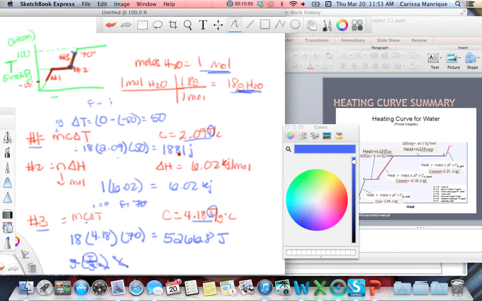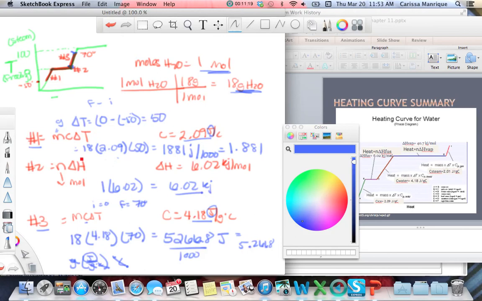Now look what we have here. We have this in joules with this in kilojoules. Our final answer, it wants us to be in kilojoules, so let's convert everything to kilojoules. This one's good. All we need to do is divide by 1,000. So right here we'd have 1.881, and right here, divided by 1,000, we'd have 5.2668.